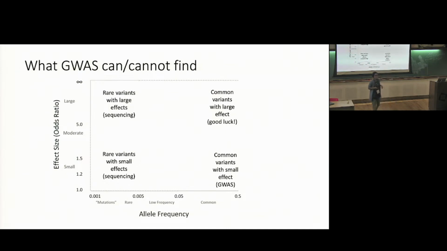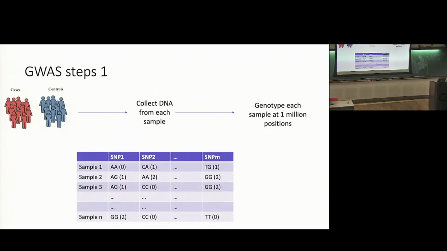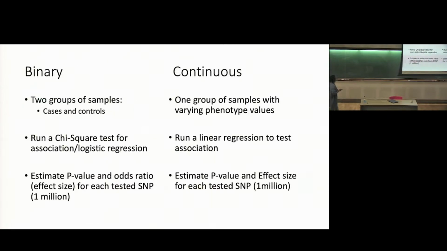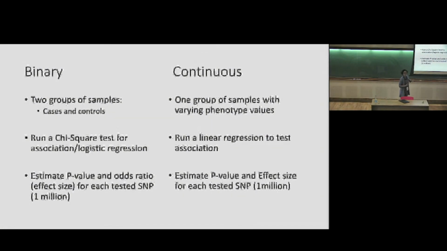Okay, so this is what our data from our GWAS look like. I know one point that I didn't make very clear yesterday was how analysis differs for whether your phenotype is binary or continuous, right? So let's say it's a binary trait.